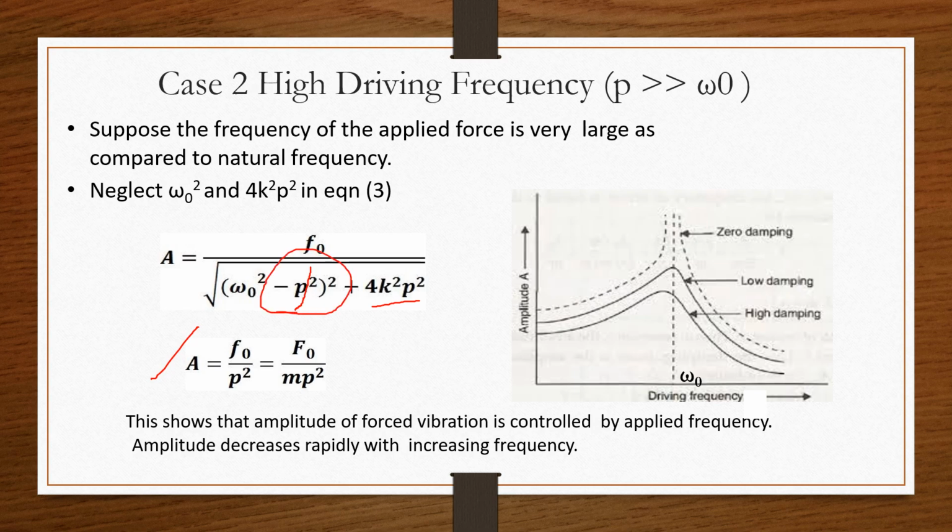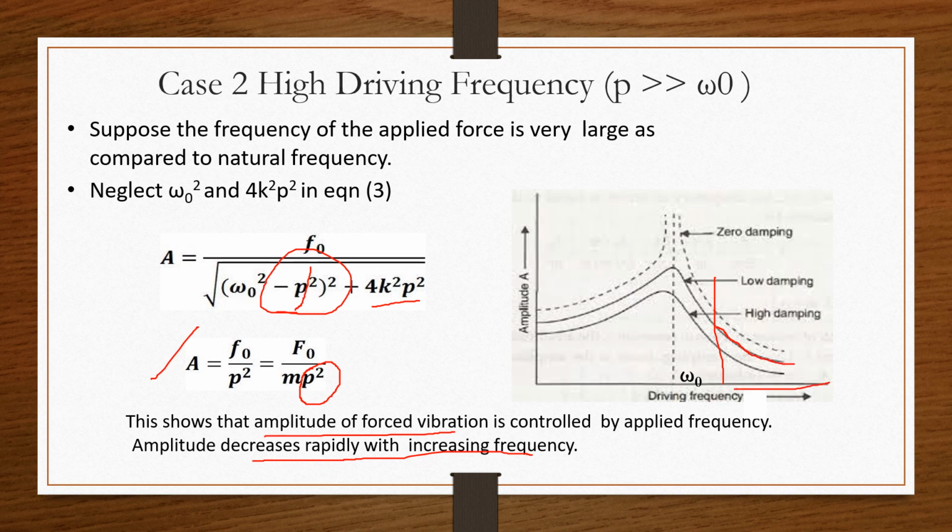That is, A is equal to F0 by P square, or it is equal to capital F0 by MP square. So I can see that the amplitude is inversely proportional to the square of the driving frequency. This shows that the amplitude decreases rapidly with increasing frequency. That is why in the high frequency region you can see the amplitude decreasing very rapidly as the frequency increases.